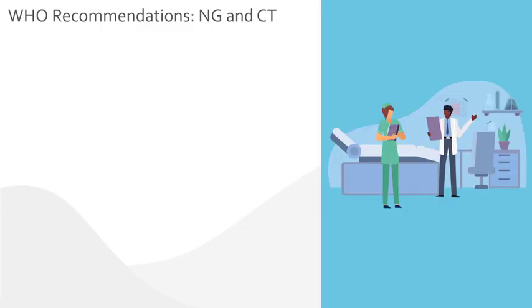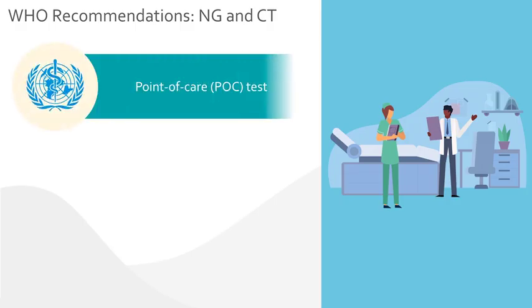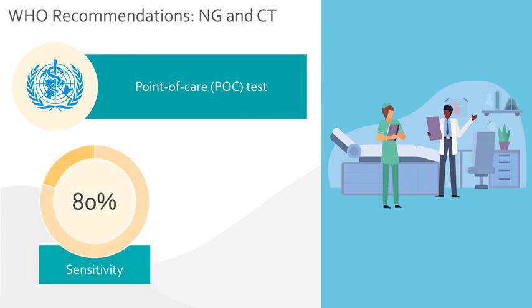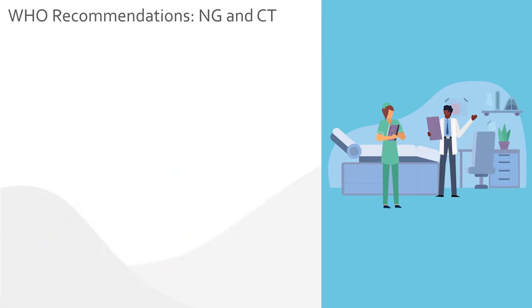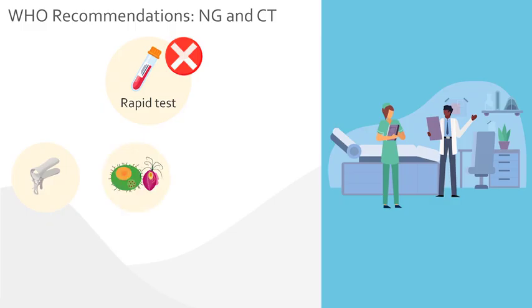WHO is currently supporting development of an affordable and accurate point-of-care, or POC, test with at least 80% sensitivity and 90% specificity. If a low-cost rapid test or molecular assay is not available, WHO suggests performing a speculum examination and treating for gonorrhea and chlamydia if there is evidence of cervicitis.